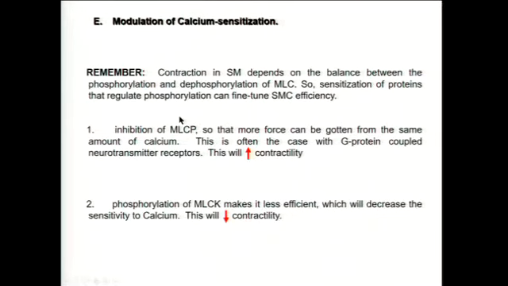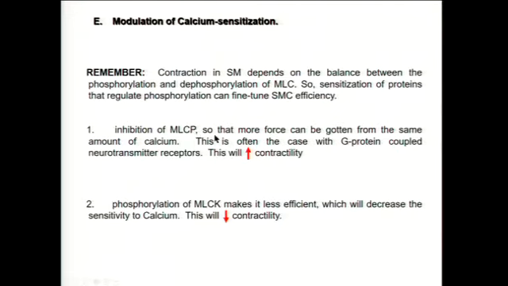So this is kind of important. So contraction requires the balance between phosphorylation and dephosphorylation of the myosin light chain head. So if you tweak the enzymes that put the phosphate on or take it off, you can sensitize that smooth muscle cell to contraction per unit of calcium.